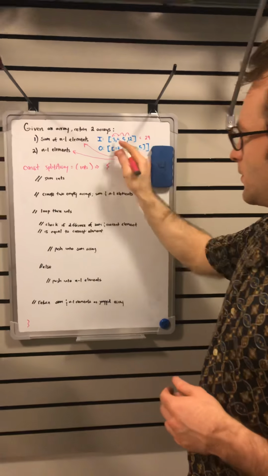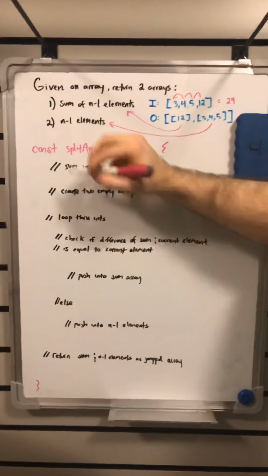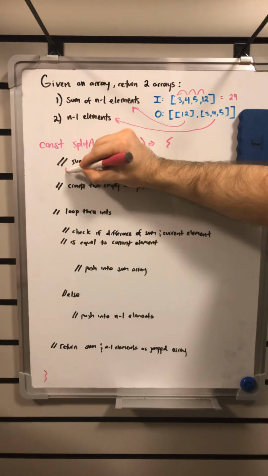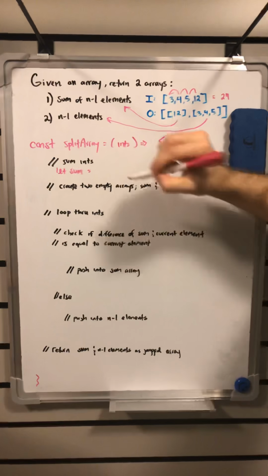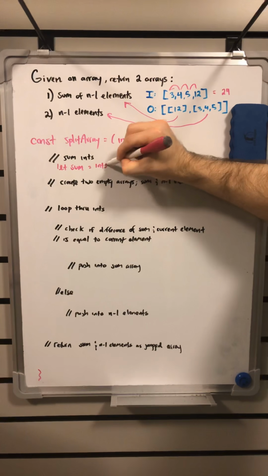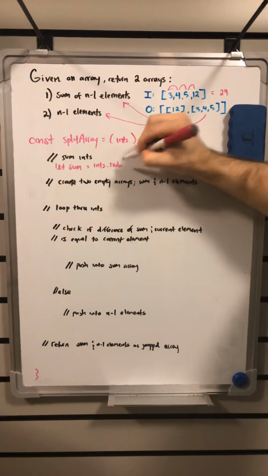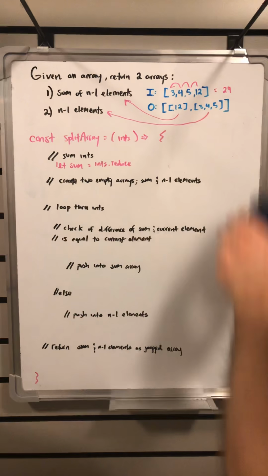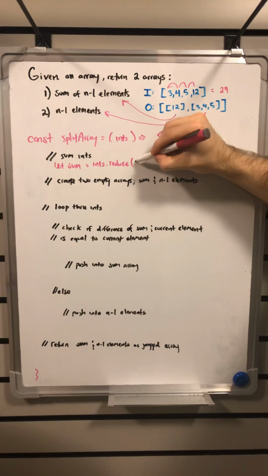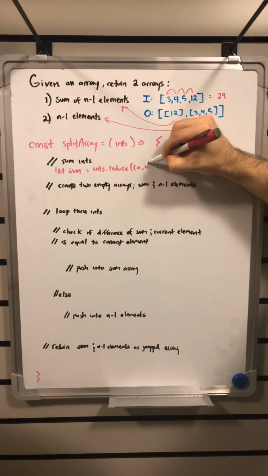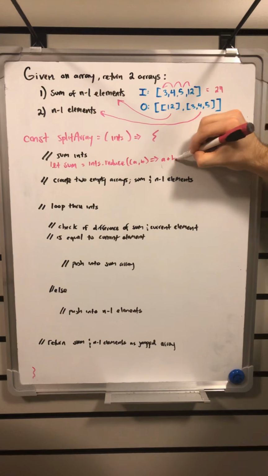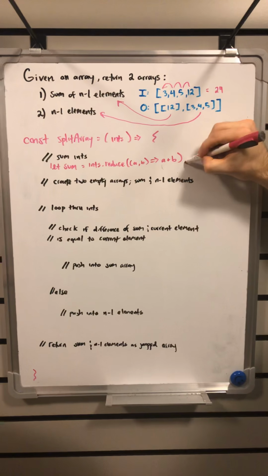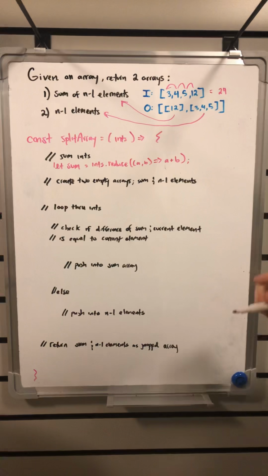So the first step we said was we're going to sum all this together. So we're going to create a variable, we'll call it sum, and we'll set it equal to the reduction and summation of our given array. Okay, so that should output 24.